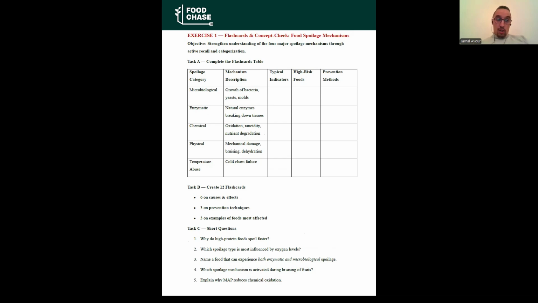For example, for the first question, why do high protein foods spoil faster? The response is because proteins support microbial growth and attract bacteria. And once all questions are answered, move to the next exercise.